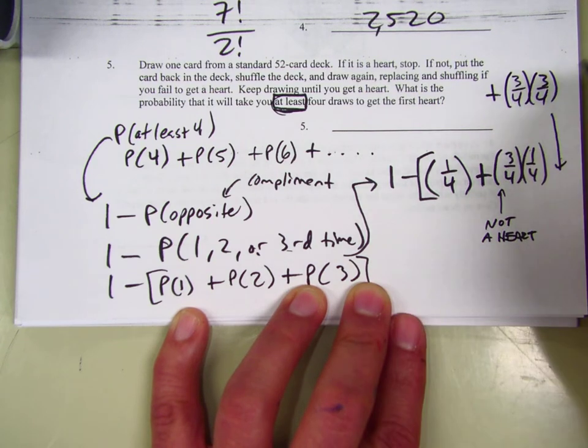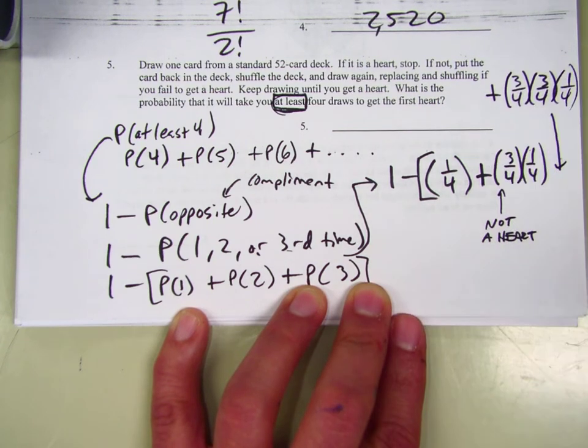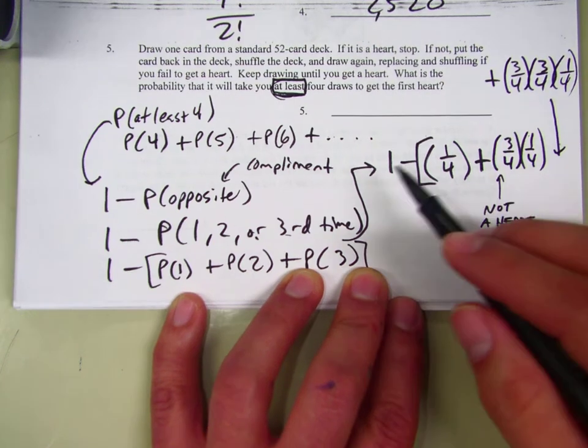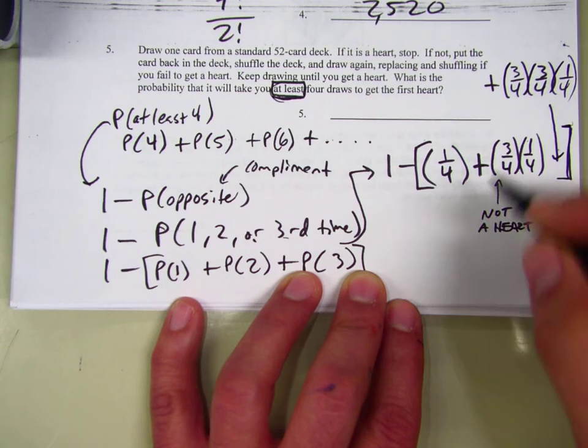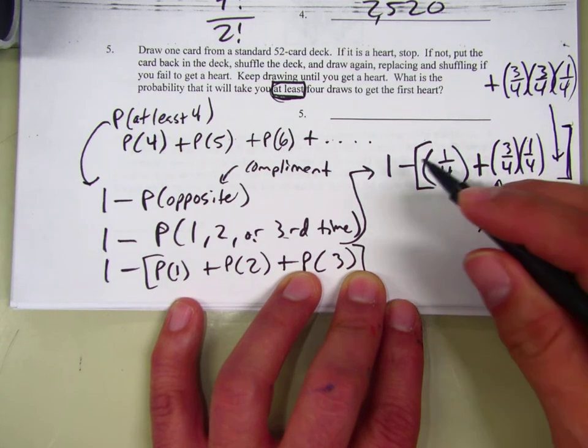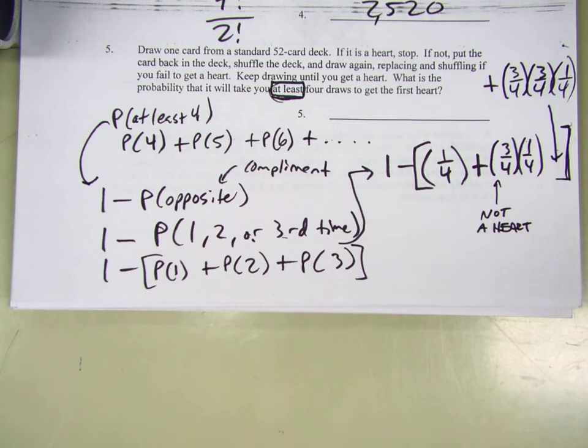And now the third time is where I get the heart. So that's 1/4. So you figure all that out. If you guys can do that, that would be great. This is all in a parentheses. So add these 3 probabilities together, subtract it from 1 since it's really the opposite of what we want, and you should be in good shape.